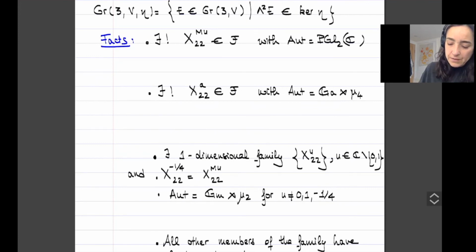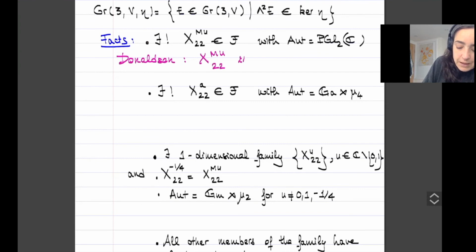So we know quite a lot about some of those special members. Here, Donaldson proved that there exists a Kähler-Einstein metric on the Mukai-Umemura threefold. So Donaldson proved that X22 Mukai-Umemura is K-polystable.